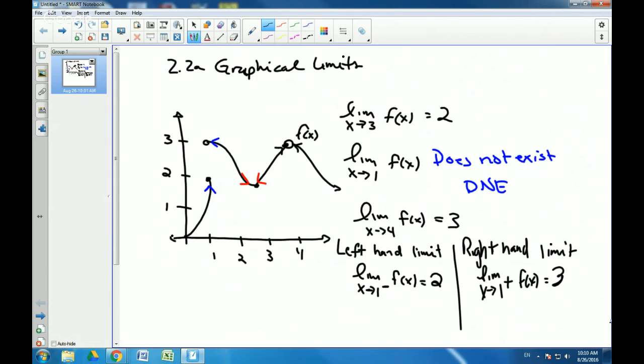Here, you might see this referred to as one-sided limits. If you see, calculate the one-sided limits, that means do the left-handed, do the right-handed limits. Make sense? The one thing I didn't mention, what if I do that? Does this change the limit as x approaches 4?